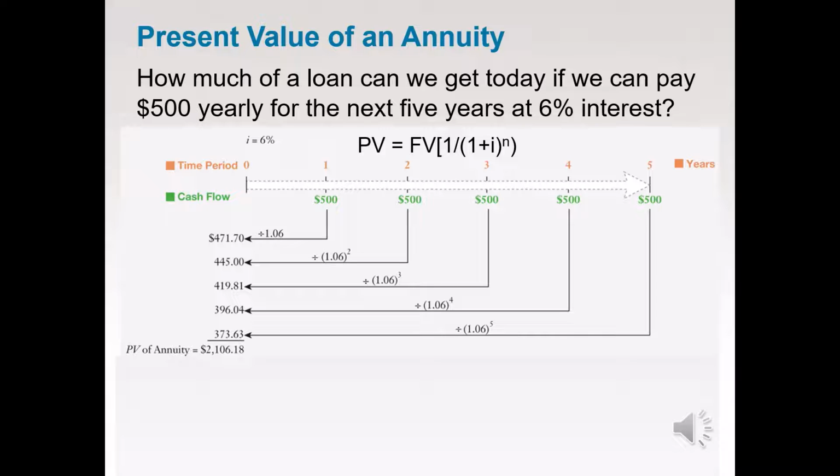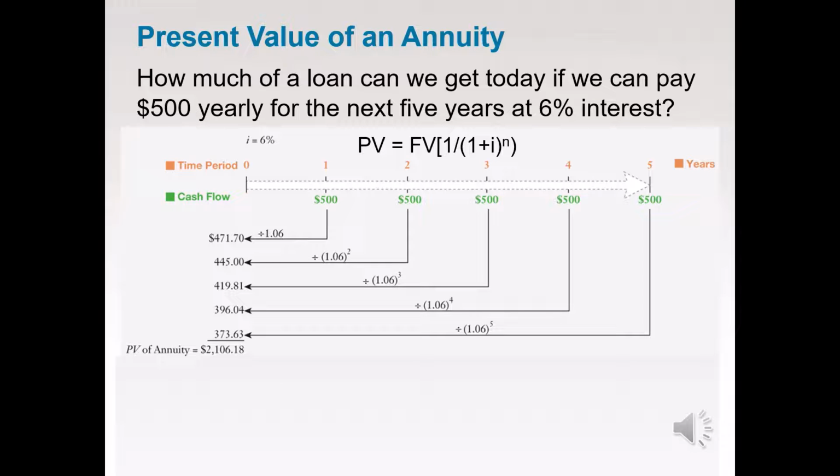The missing element is the present value, and each one of these $500 could be treated as if it was a lump sum. We can discount each one of these $500 as a lump sum back to time period 0 using this equation shown here.